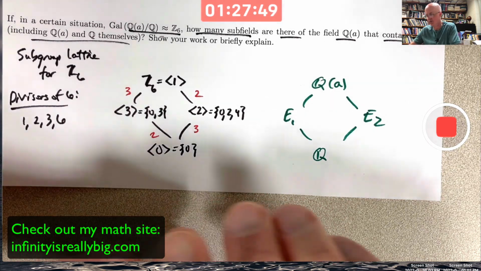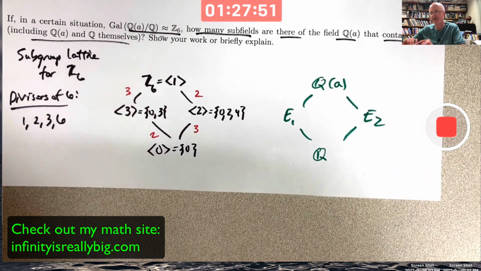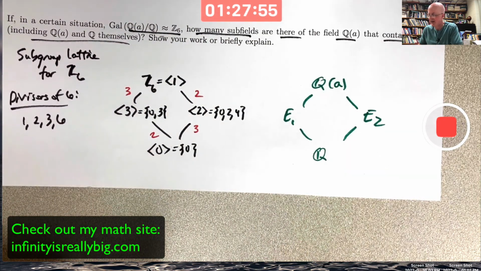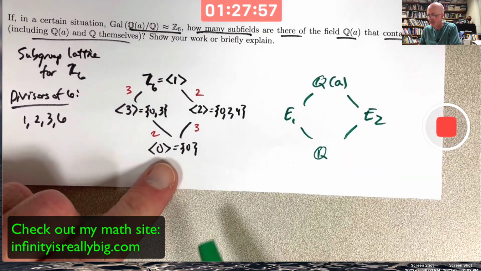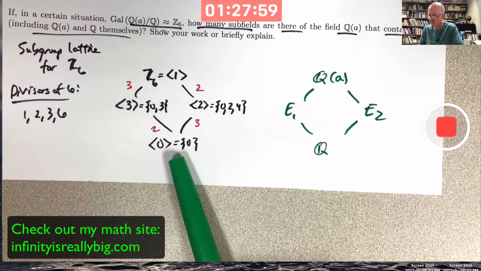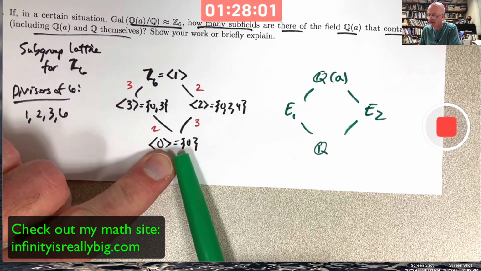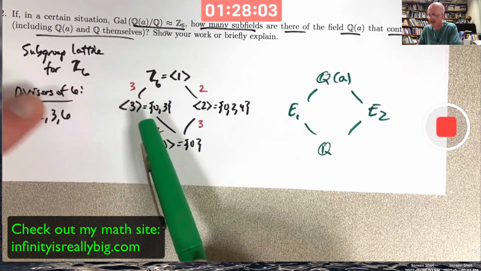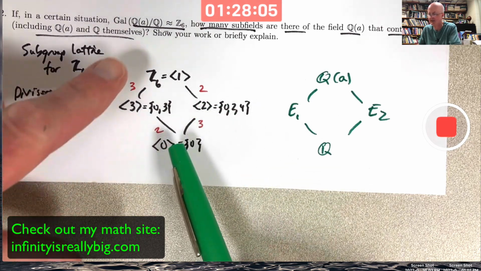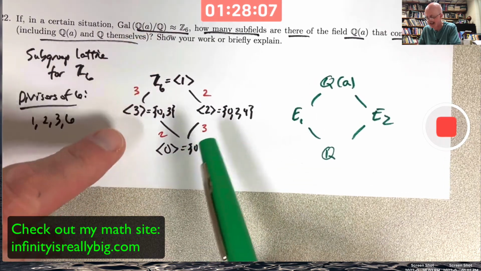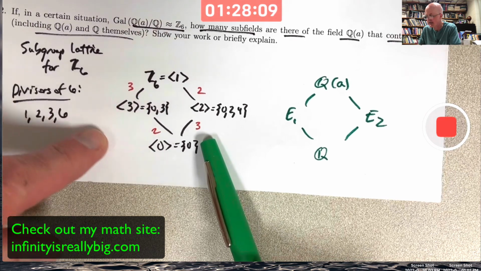You actually have to draw the same diagram effectively inverted, flipped, because what happens is thinking of this as corresponding. So this is a subgroup lattice for Z6, and there's a corresponding subgroup lattice for the Galois group as well that would look exactly the same as this because they're isomorphic.